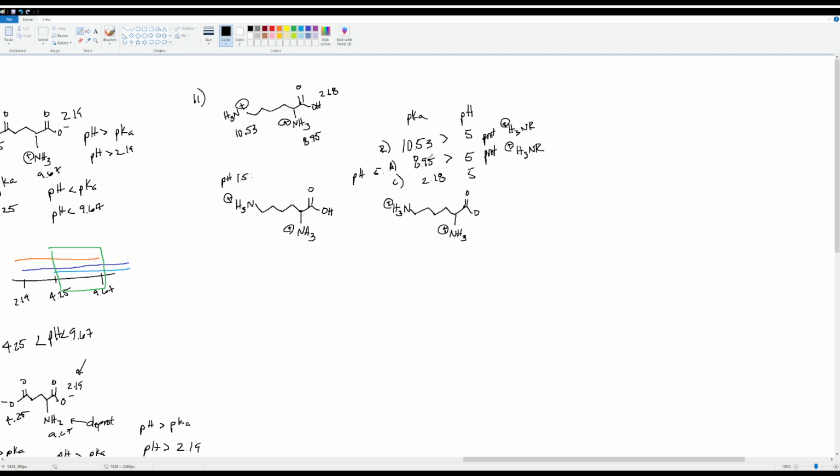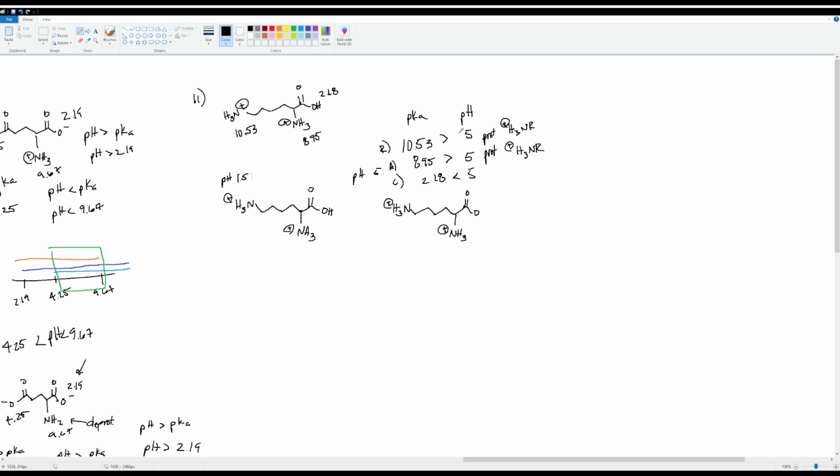Should my carboxyl group be protonated or deprotonated? Deprotonated, right?